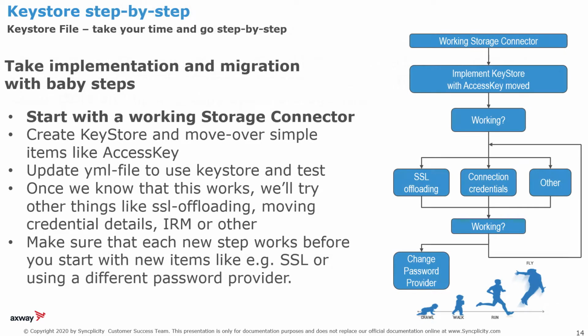And as a summary of today, where we walked over the keystore configuration step by step, we're done, but maybe not done. Maybe you have other things to do, like SSL offloading, which is another video that you can watch to encrypt the traffic between storage connectors and the load balancer.